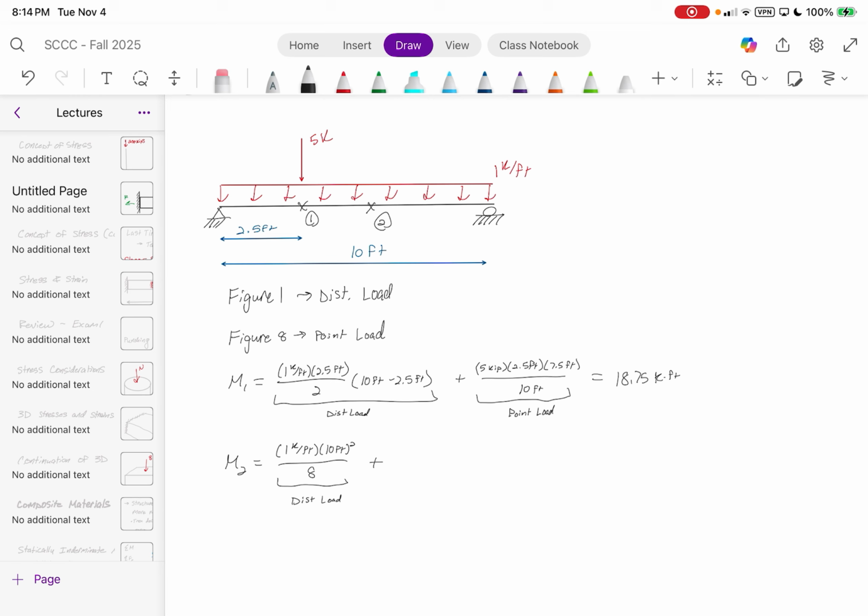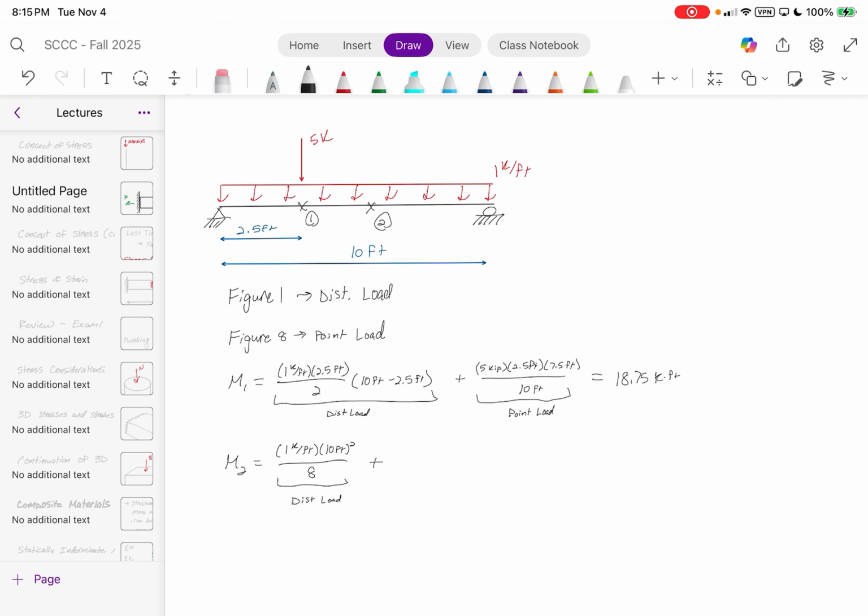So I guess in this case, let me try something. So P was 5 kips. What is M max at that point?